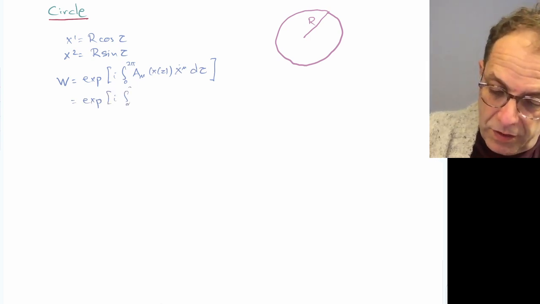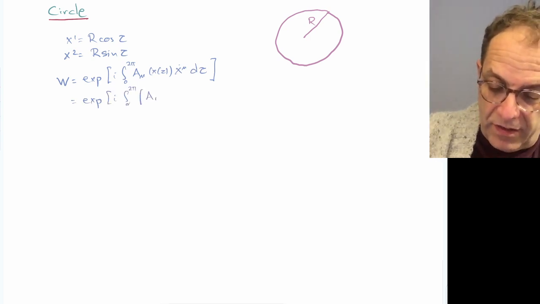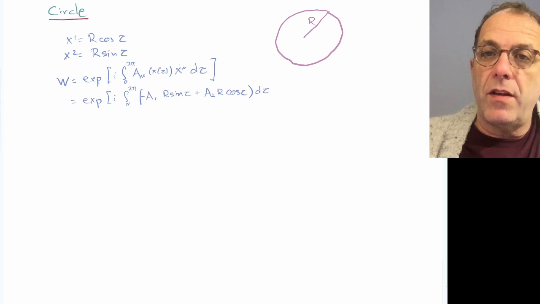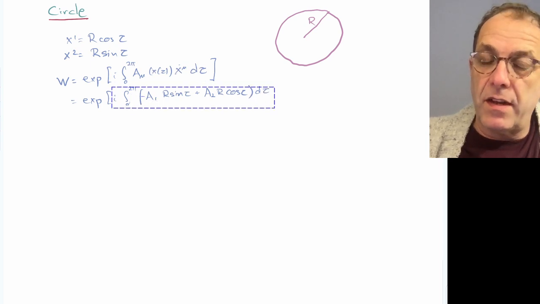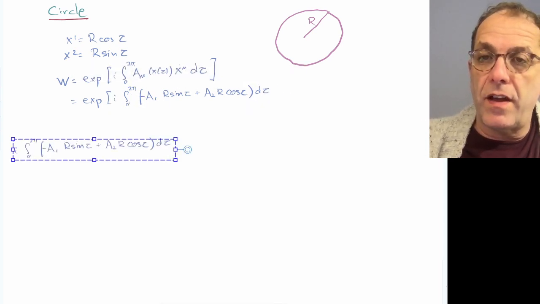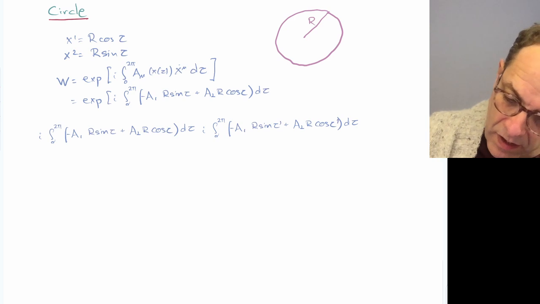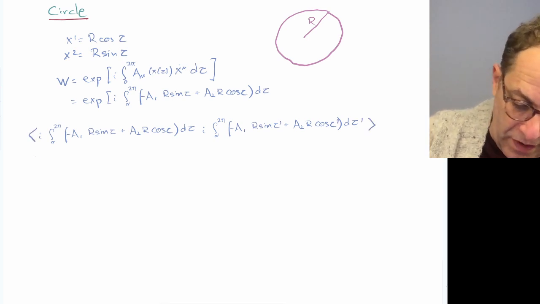And this is what you get when you evaluate the derivatives of x1 and x2 with respect to tau. Now let me look at what happens if I have two factors of this term inside the Wilson loop, and I take the expectation value of it.